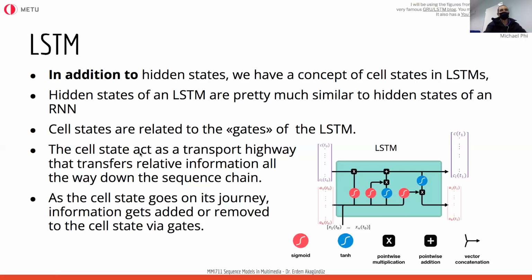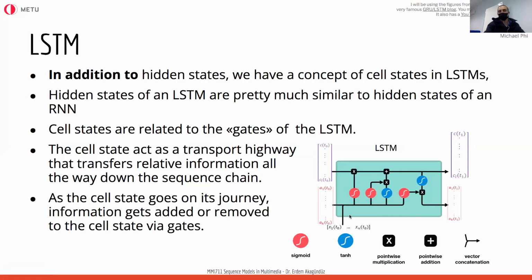The cell state acts as a transport highway that transfers relative information in the sequence chain. And this will provide the cell state the capacity to hold long-term dependencies. As the cell state goes on its journey, the information gets added and removed. So guys, this is the cell state and this is the hidden state.